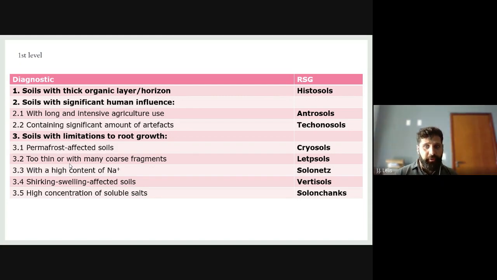And these soils are called solonchaks. So these are related to soils that are influenced by salts, soluble salts. Okay.